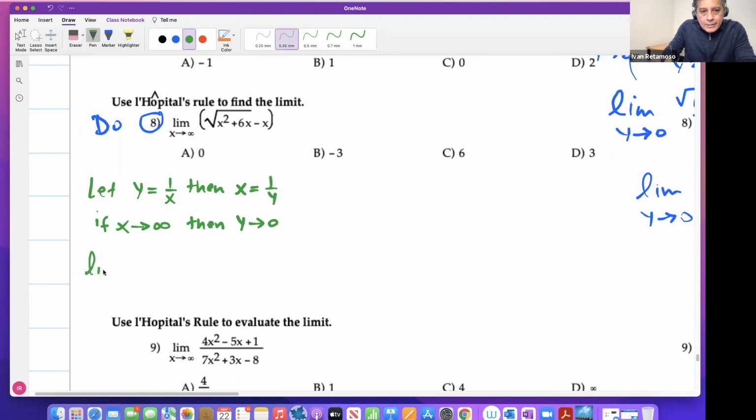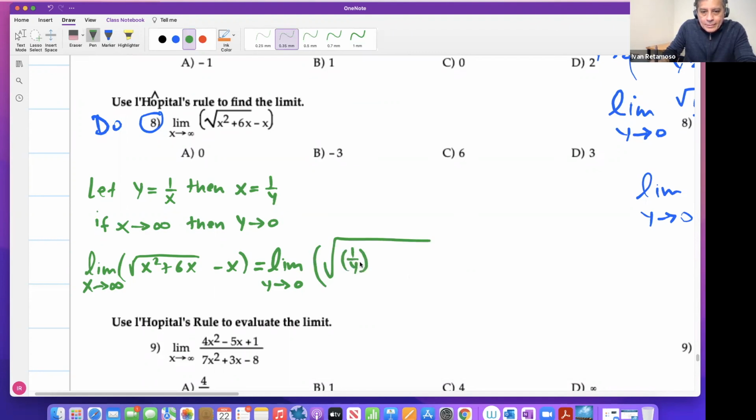This will become the limit as y approaches 0 of the square root of 1 over y squared, that's x, plus 6 times 1 over y, minus 1 over y. Do the algebra here, and then apply L'Hopital's rule, and that should take you to the answer. Try, guys, try. I'll give you some time.